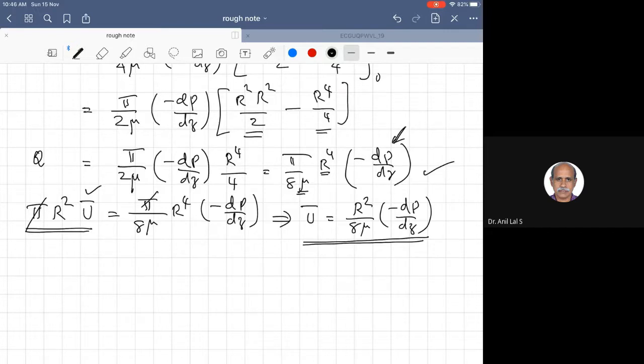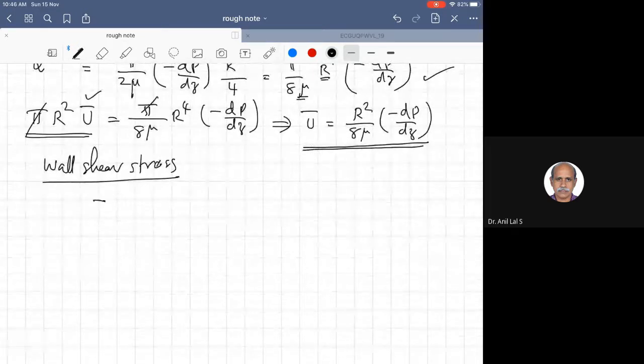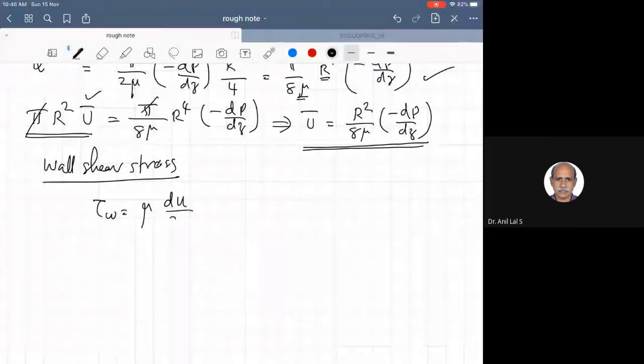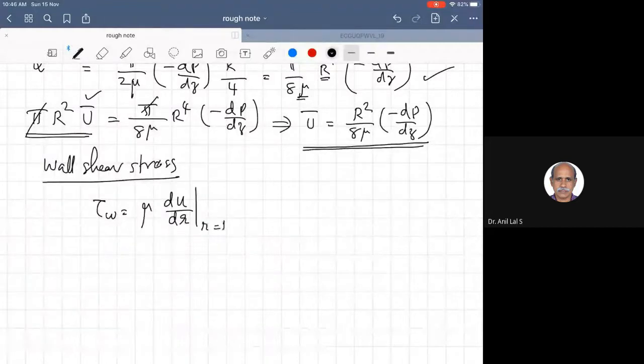Next we'll see the wall shear. So what is wall shear stress? Wall shear stress tau w is equal to mu into du by dr at the radius of the pipe, r is equal to R. So what is duz by dr?